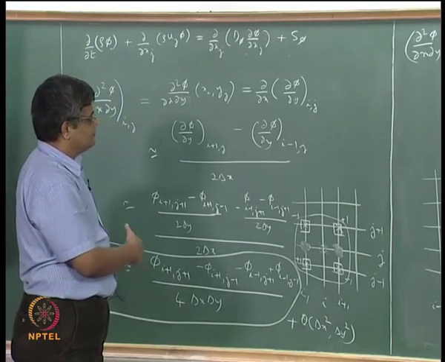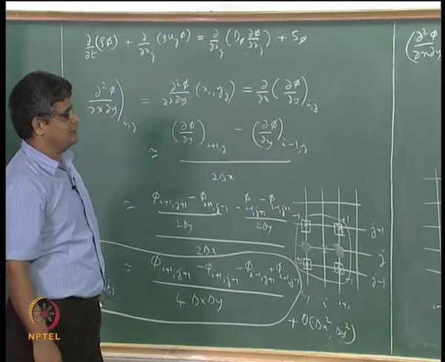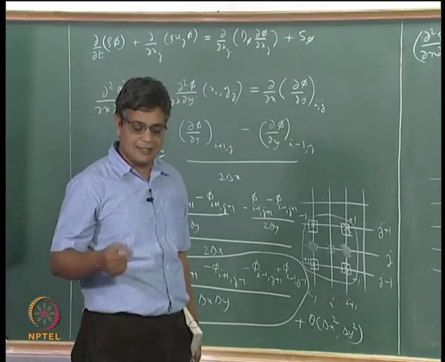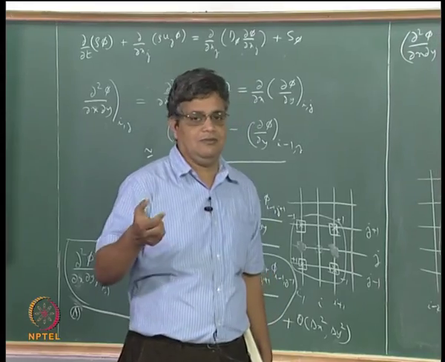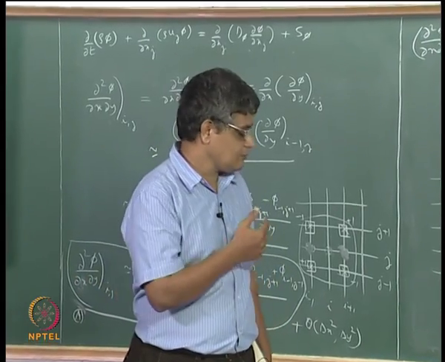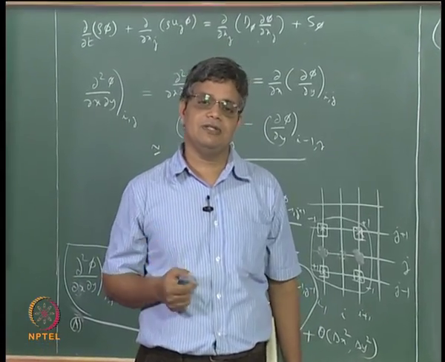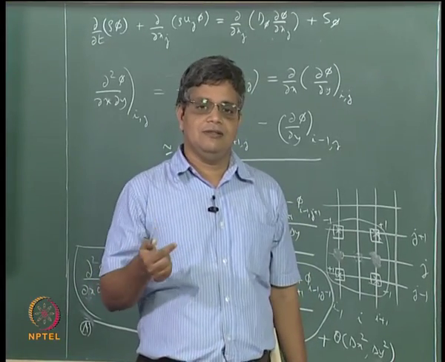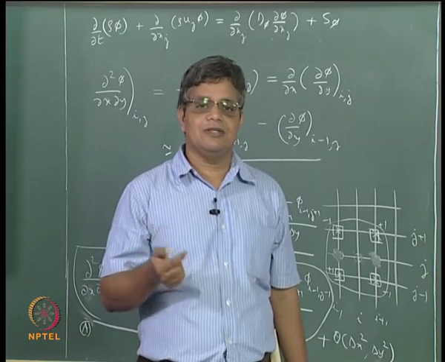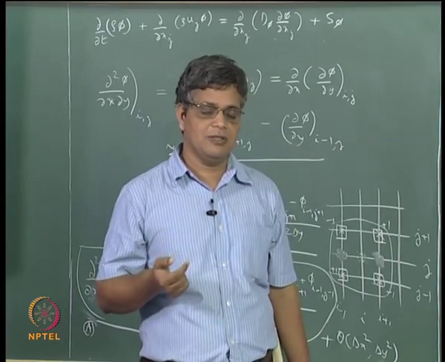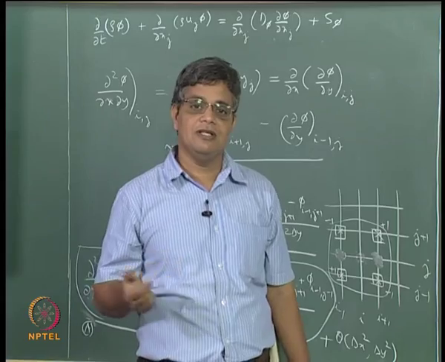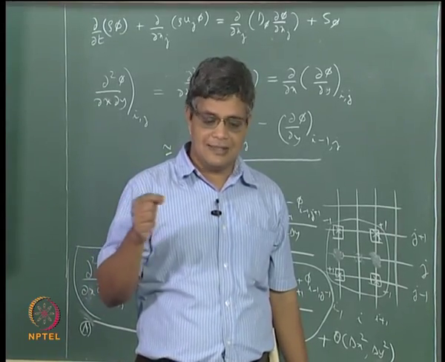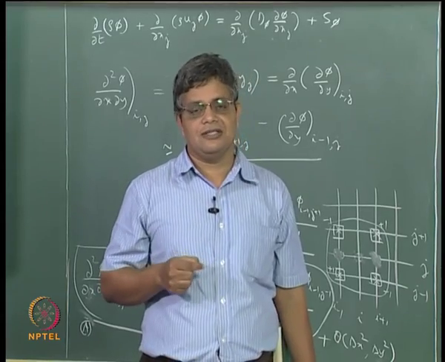If you directly implement it into the discretized equation, then the resulting discretized equation A phi equal to b will not satisfy even the weak form of diagonal dominance. So in that case we cannot apply standard iterative methods like the Gauss-Seidel method or Jacobi method for the solution of A phi equal to b resulting from the discretization of a governing equation written in a non-orthogonal coordinate system.